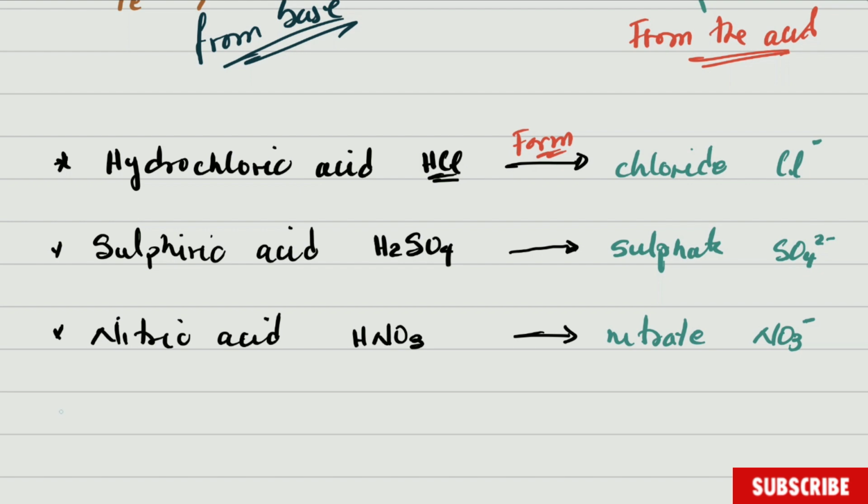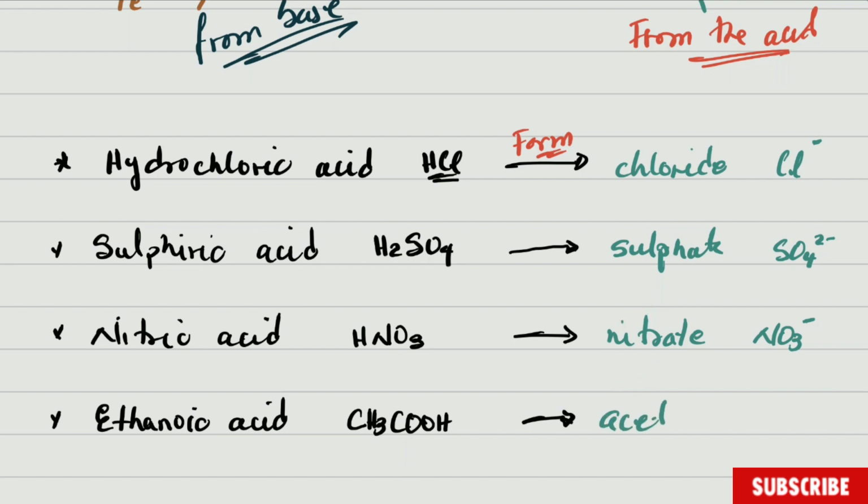And the last one that is important because we do it often is ethanoic acid, guys. The ethanoic acid will form an acetate with the ion CH3COO-.